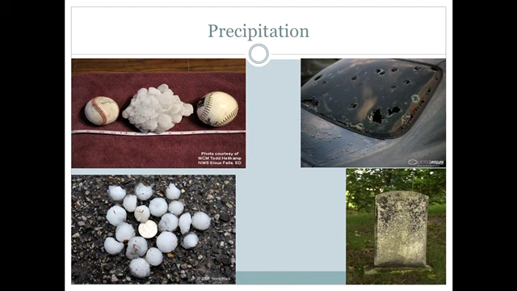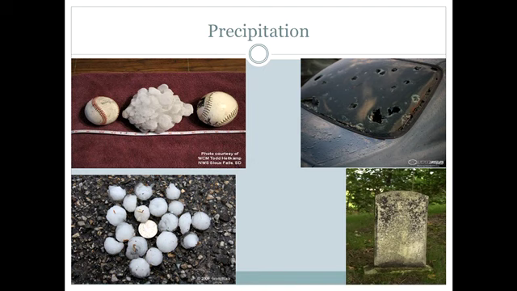On this slide, you see several different things. You see different size hail. You see the hailstone up at the top left hand corner, a hailstone that is softball, baseball sized. Then down below it, you see what looks like quarter sized hail.